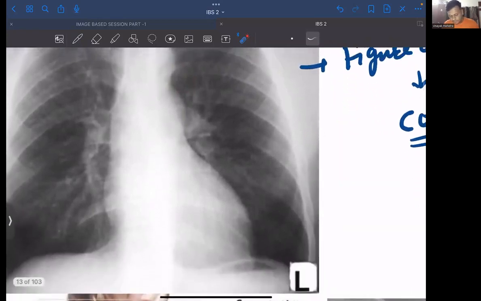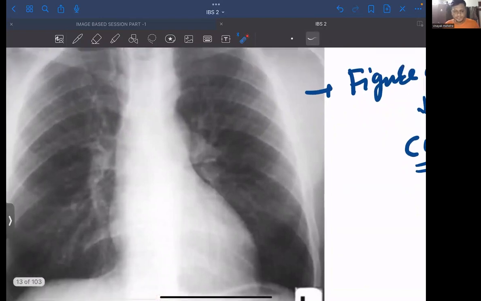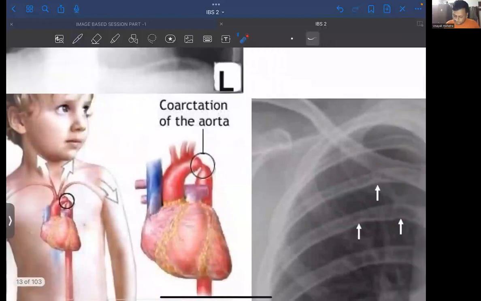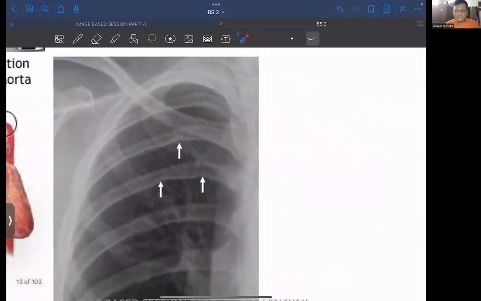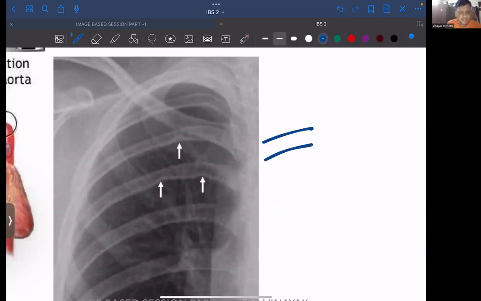What will you see? Something is there except figure of 3 appearance. What is this? What do you think? Normally ribs stay straight, but what is going to happen over here?